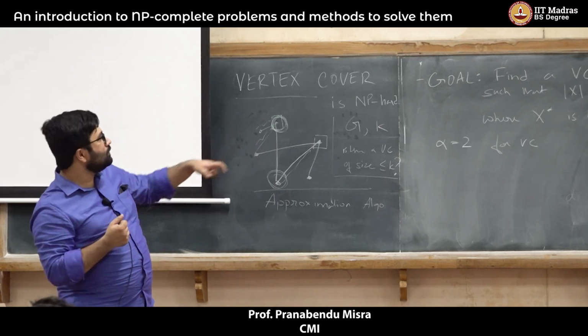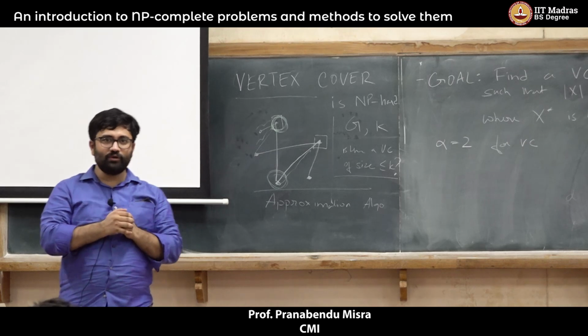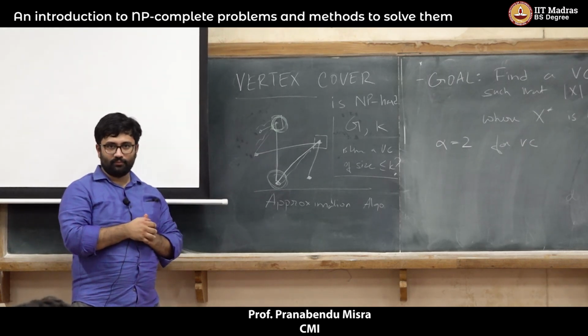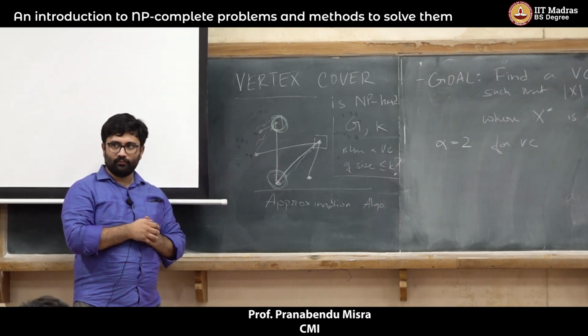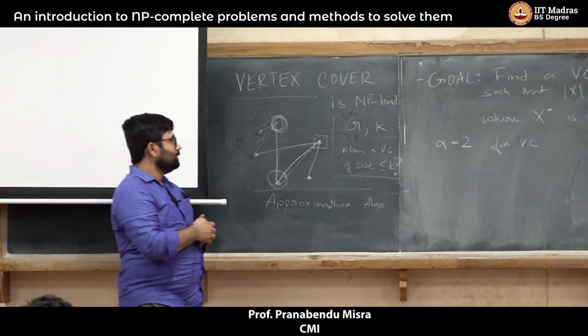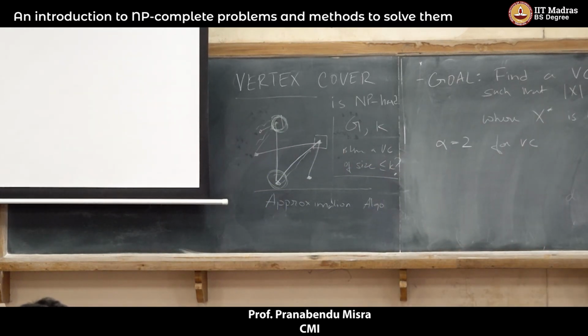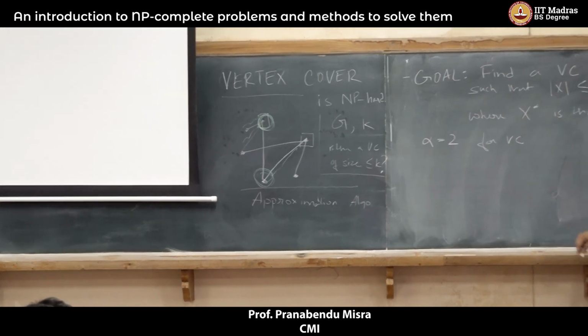Now can you argue that the approximation factor of this will be 2? Right, so let me restate what you're saying. How did we construct our solution?